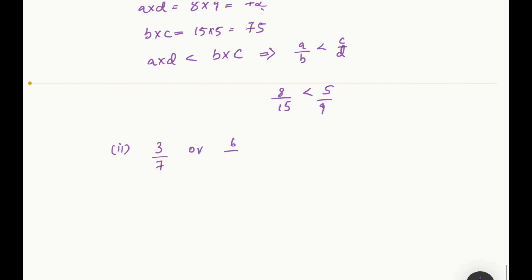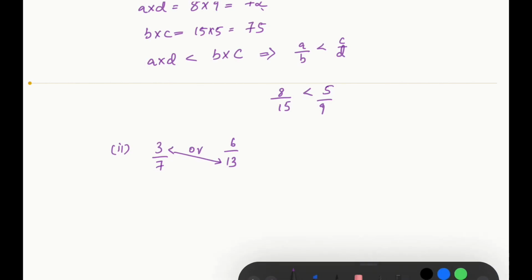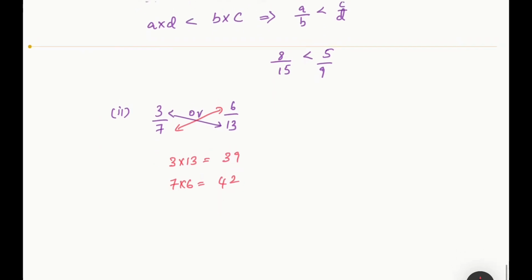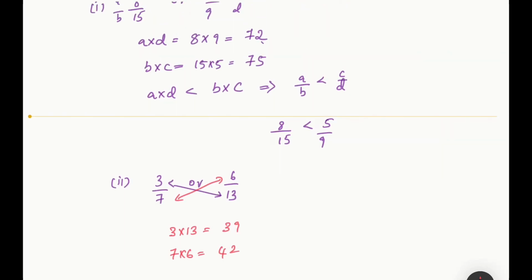3 by 7 or 6 by 13. This and this you need to multiply. Similarly, this and this you need to multiply. 3 into 13 equals 39. 7 into 6 equals 42.